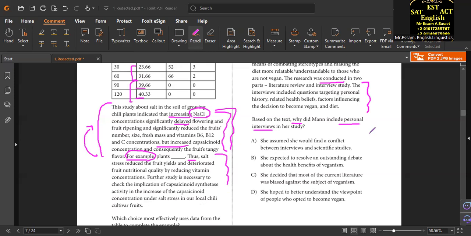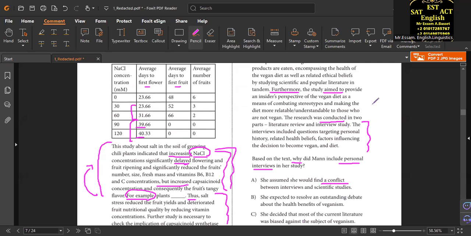A. So you would like to make it A, but I don't think so. Number one, because we have a common word for the test maker, a conflict. It mentioned here that she's going to explain conflict.